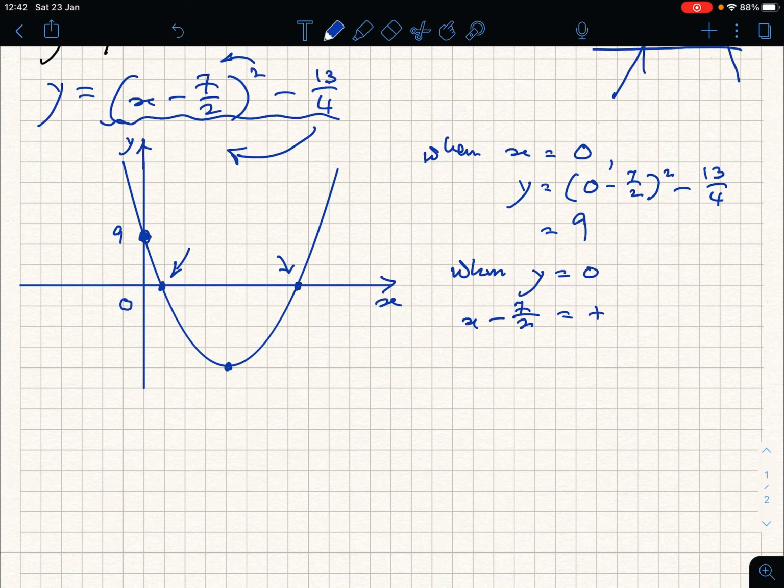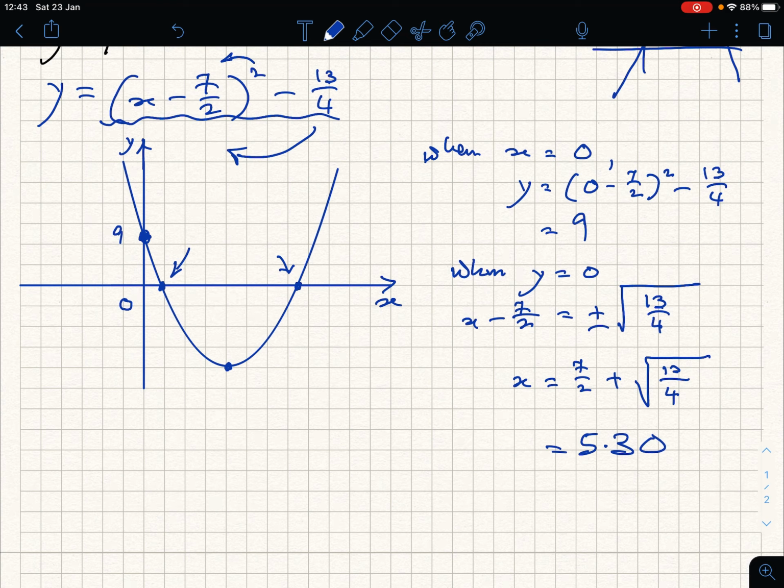That means plus minus square root of 13 over 4. So your x will have two values. That means x equals 7 over 2 plus square root of 13 over 4. That will give you 5.30.